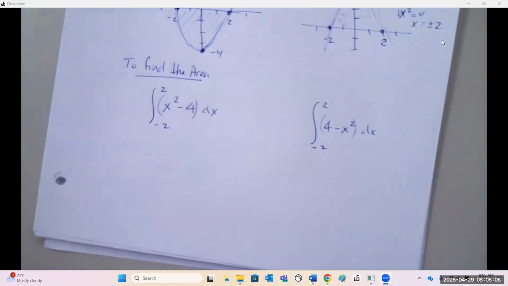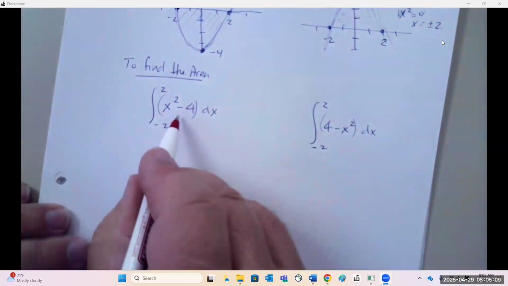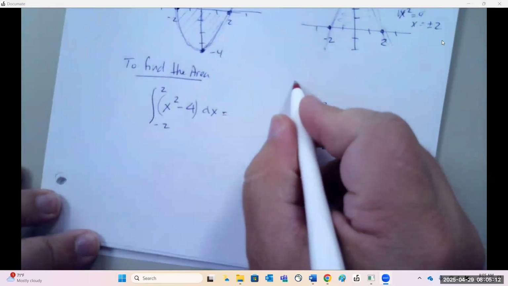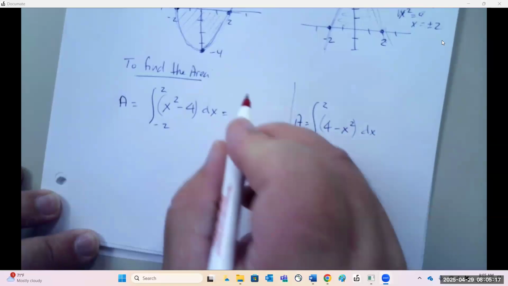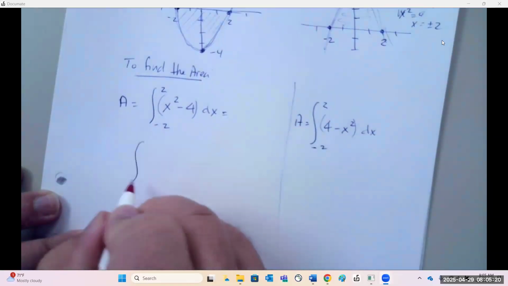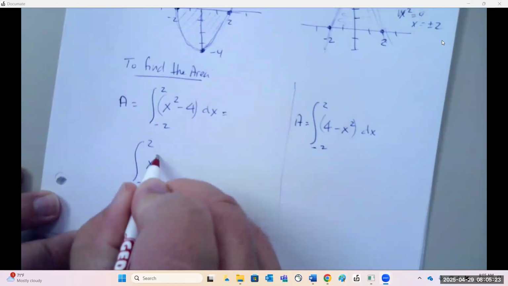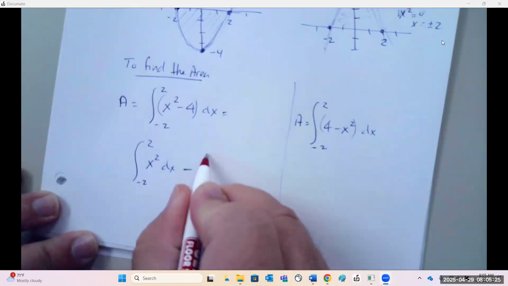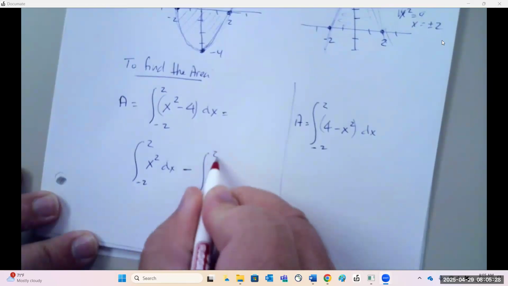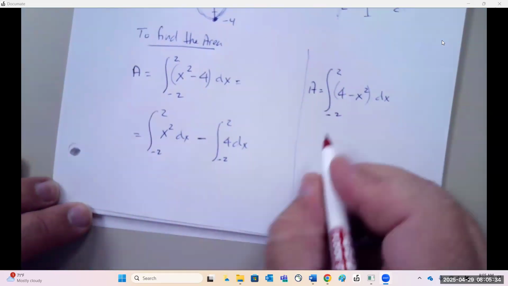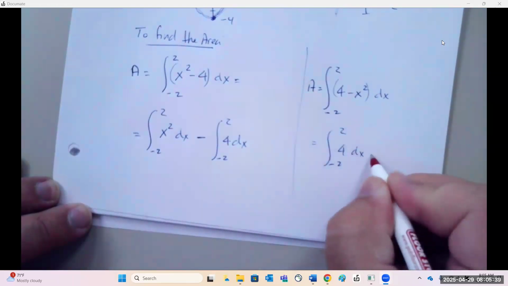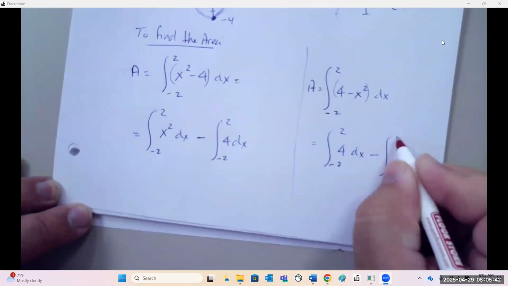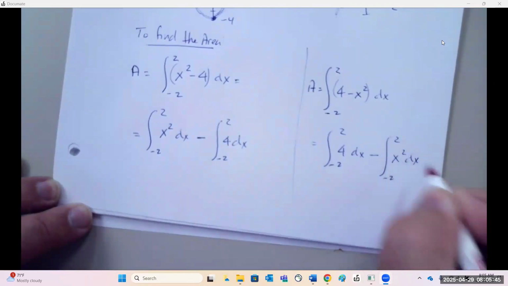Using the properties that we talked about last week, we can split these functions up. So we have from -2 to 2 of x squared dx minus the integral from -2 to 2 of 4 dx. Likewise, on the other side, we have from -2 to 2 of 4 minus the integral of x squared dx.